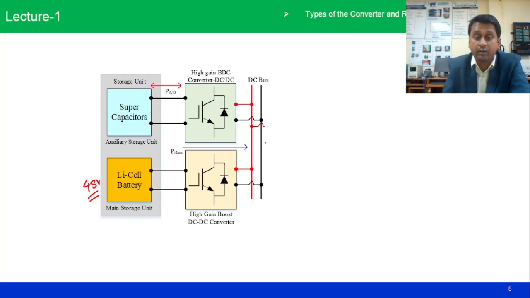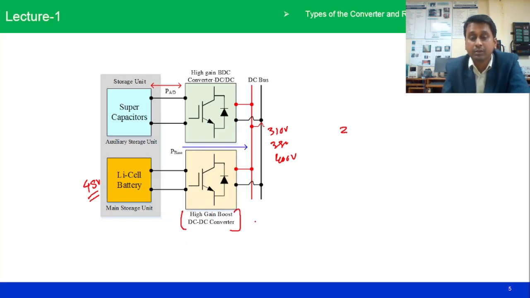That voltage cannot be directly connected to the inverter because it cannot drive the AC motor, which generally requires a 230 volt AC system. So 48 volt needs to be converted to around 310 volt, or around 380 to 400 volt, so that this DC voltage can be directly connected to the inverter to drive the electric vehicle motor, specifically the permanent magnet synchronous motor. That's why high gain boost converters are required.